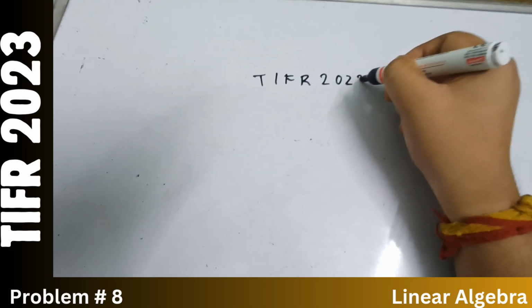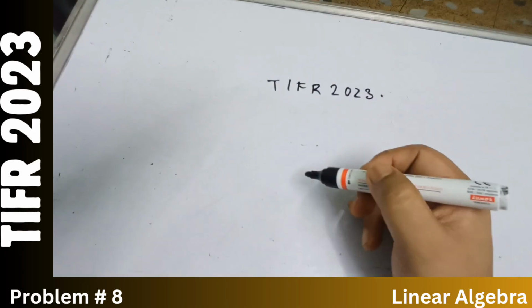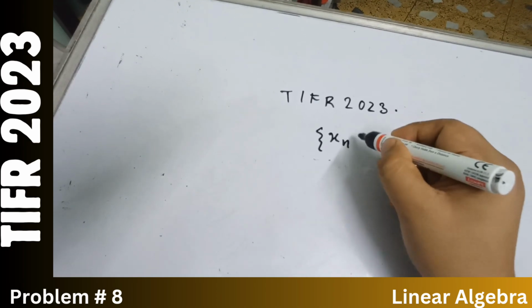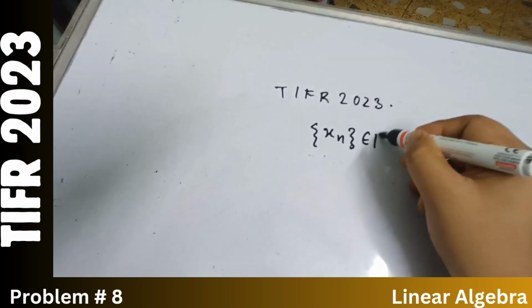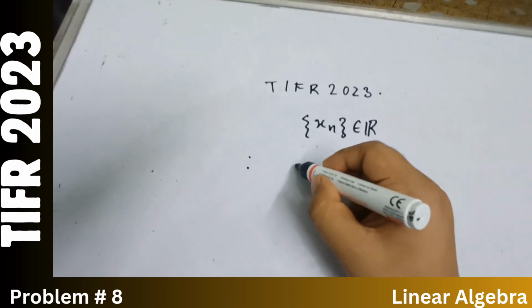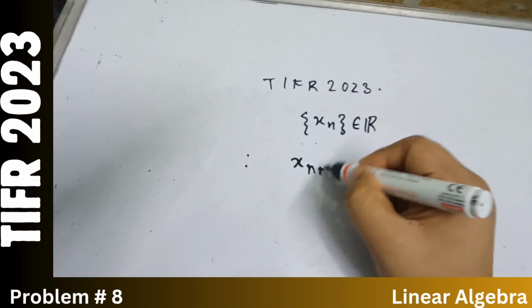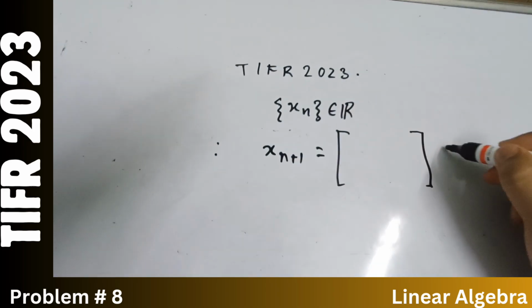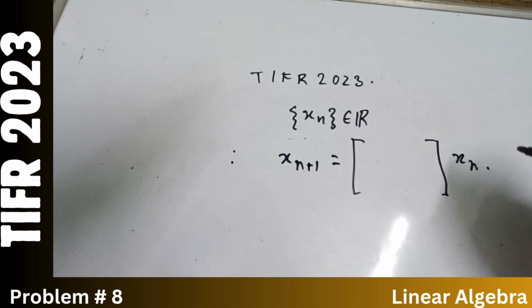Hello everyone. Today we are going to discuss a problem from TIFR 2023. It's a matrix algebra problem where there is a sequence given. It's a real sequence such that xn plus 1 is equal to a matrix times xn.